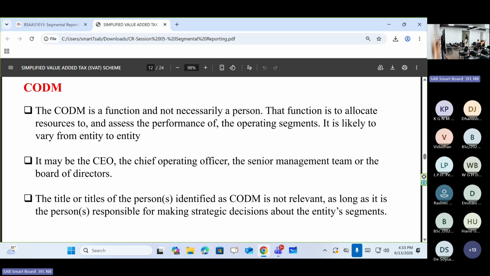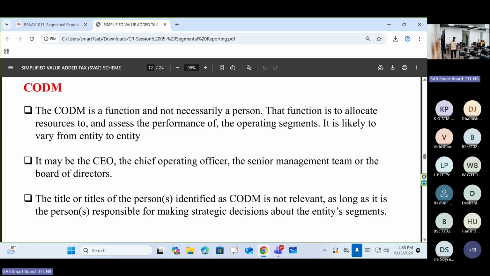Who is CODM? Chief Operating Decision Maker. Who is that? Maybe the CEO, the main person in the organization who takes decisions and does the evaluation. CODM is a function and not necessarily a person. The function is to allocate resources and assess the performance of operating segments.